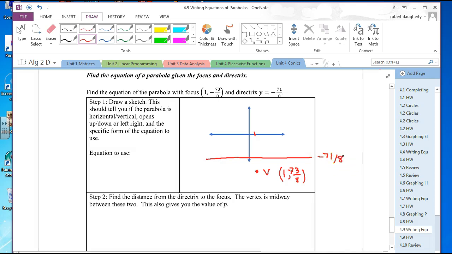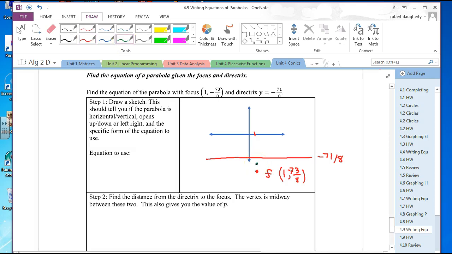Sorry, that point is not the vertex, it's the focus. So what is missing? The vertex. Where would the vertex be found? Halfway between these two points, right?